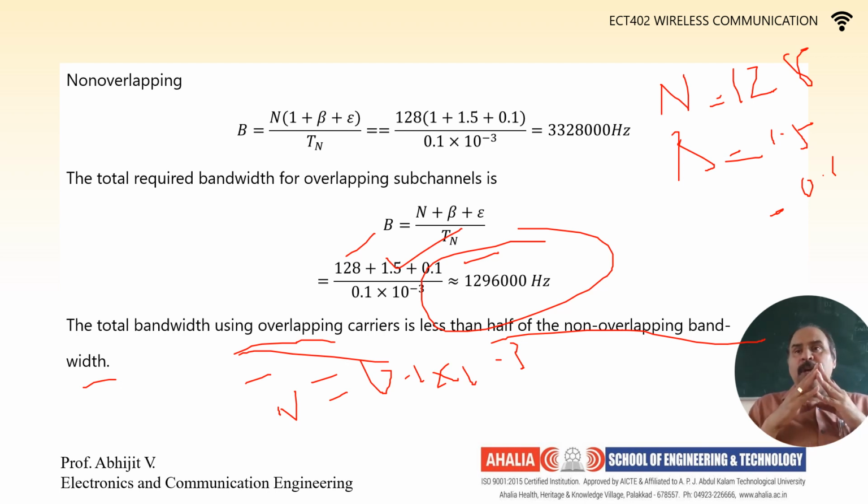Now let me ask you a question. Suppose you are asked in your university exam to prove that the total bandwidth required for non-overlapping channels is double the overlapping channels. How will you prove it? I believe all of you have really understood what we have been discussing so far.